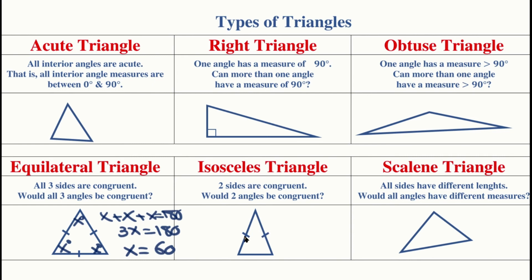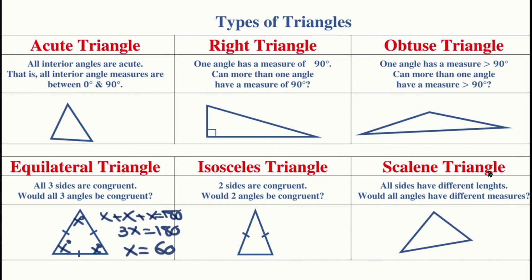In other words, an equilateral triangle is also considered isosceles because it does have two congruent sides, but it's a special isosceles triangle because it's not just two of its sides that are congruent, but all three. So a truly isosceles triangle having just two congruent sides will have the angles opposite those sides congruent, but not the third one, right? As long as this side has a different length from those two, right?